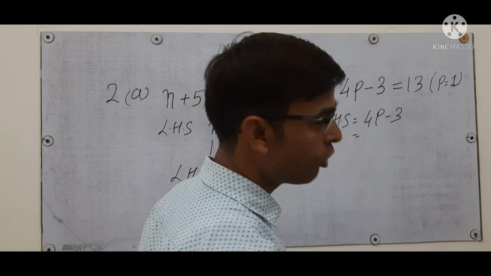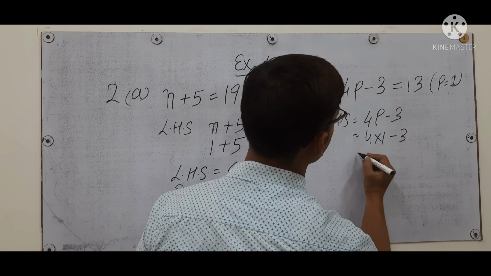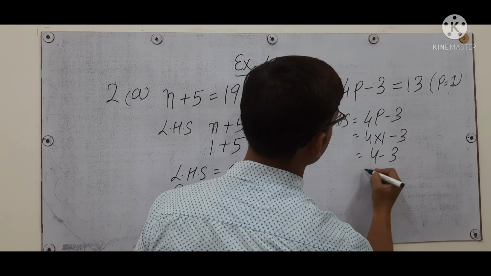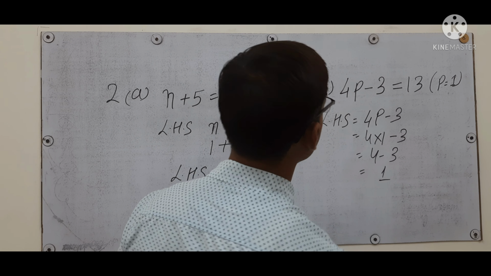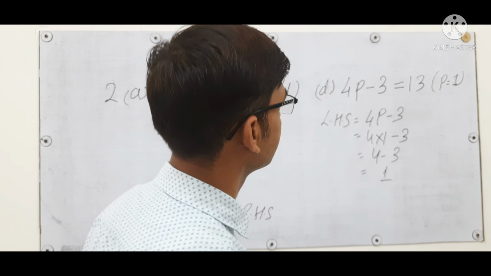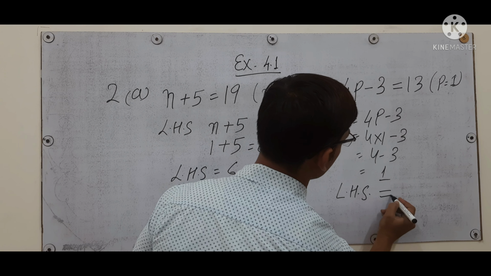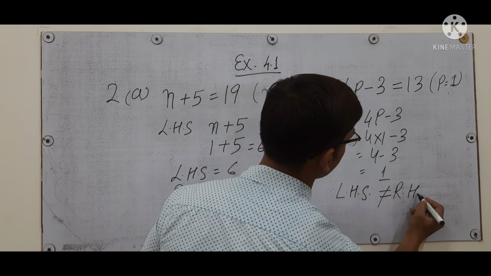So we will put the value of p, that is given as 1. So 4 cross 1 minus 3 will be 4 minus 3, that is 1. So the answer of the left hand side is 1 and the right hand side answer is given as 13. So the left hand side is not equal to the right hand side again.